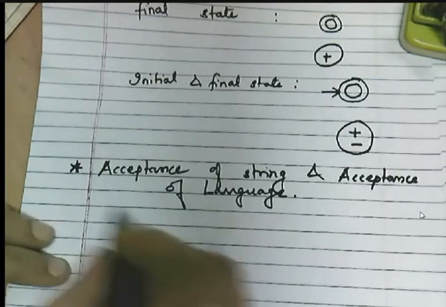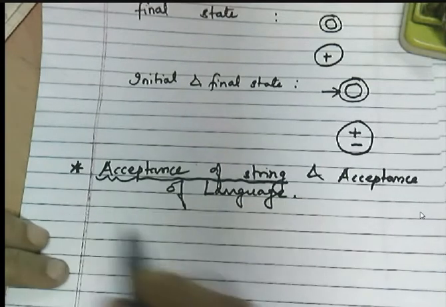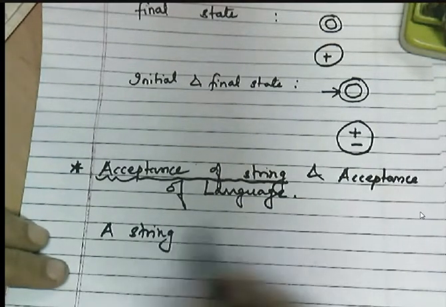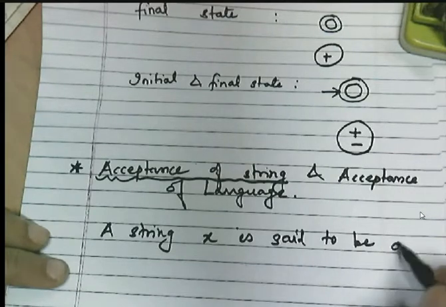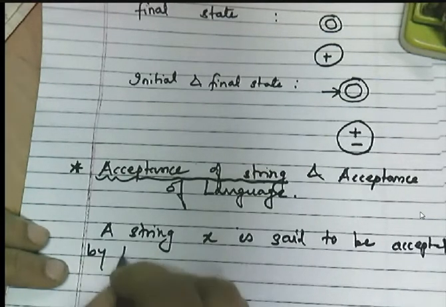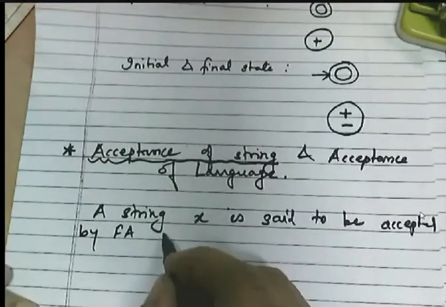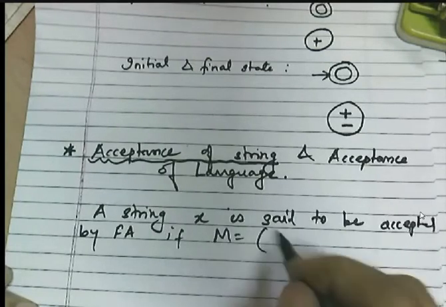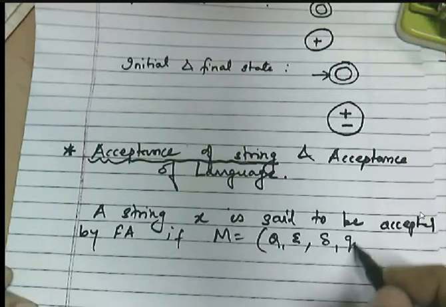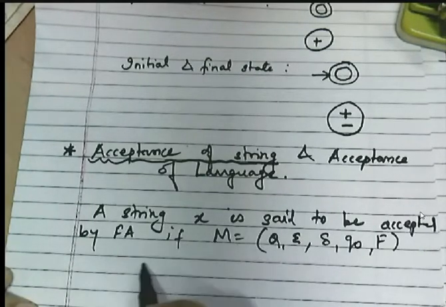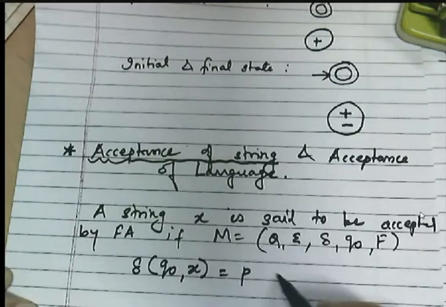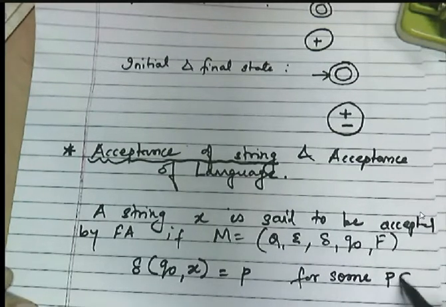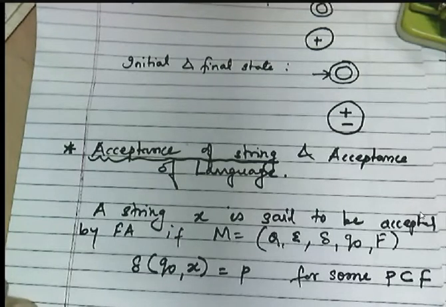To show the acceptance of a string, we say that a string X is said to be accepted by FA if M is equal to (Q, alphabet, delta, Q0, F) and delta(Q0, X) = P, where P is some final state, for some P belonging to F. What do you understand with this?